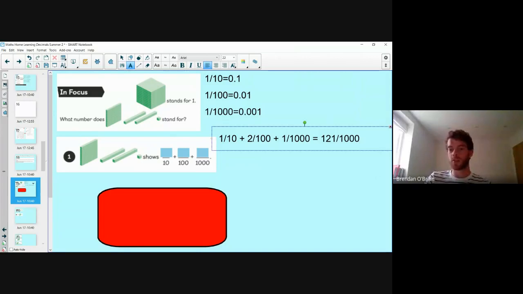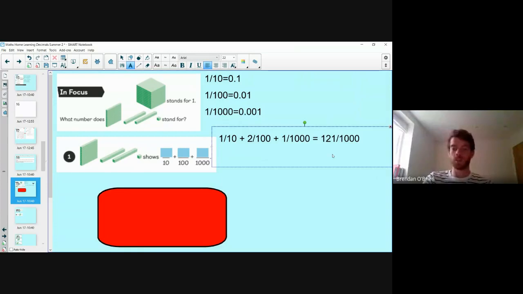Okay, we have to say it's over 1,000 because that's the largest value. We can't have 121 over 10. We can't have 121 over 100. It would be too big, but we can have 121 over 1,000. So we know we've got 121 parts of 1,000, 121 parts of our whole.